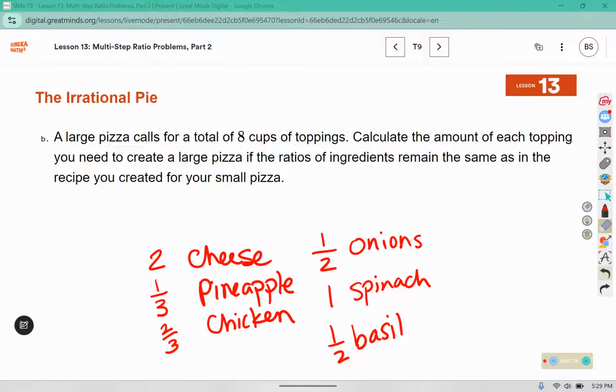If they are using 8 cups, the value of the ratio would be 8/5, because I have to do 8 cups now, but I had 5 cups to start with. So I'm going to multiply all of these values by 8/5.